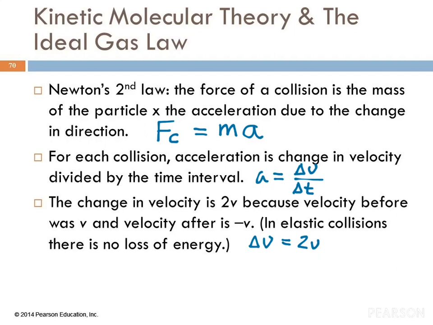So we can put these ideas together. Now we can say that a is, instead of delta v, it's 2v over the change in temperature. So I'm taking this, plugging it into that equation to get this, and then we're going to plug this into that guy.